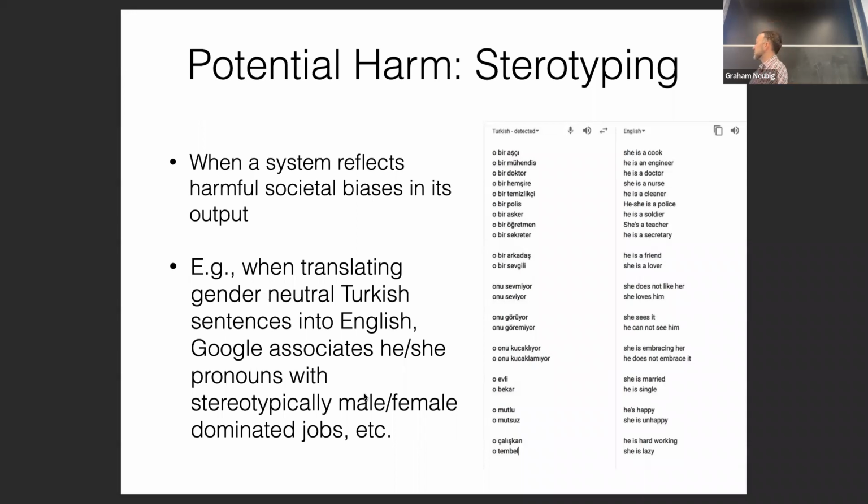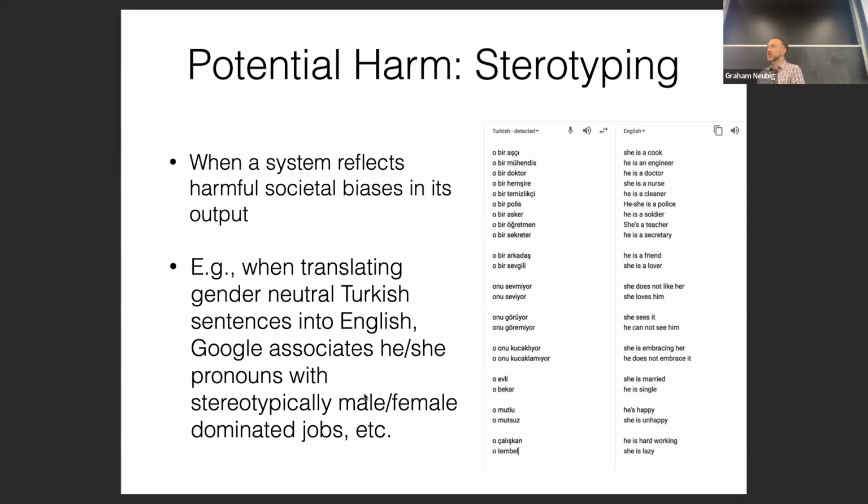This is kind of an insidious form of bias, where essentially you get a translation that reinforces gender stereotypes.